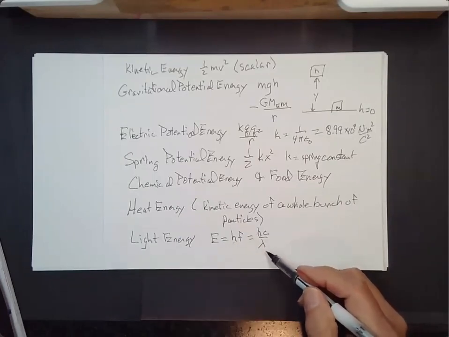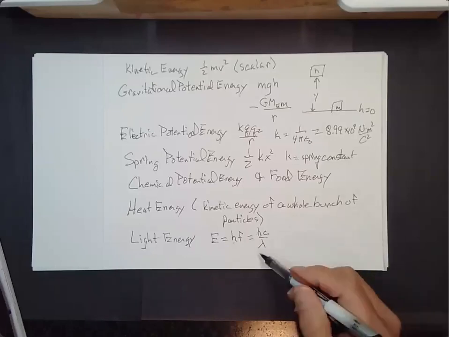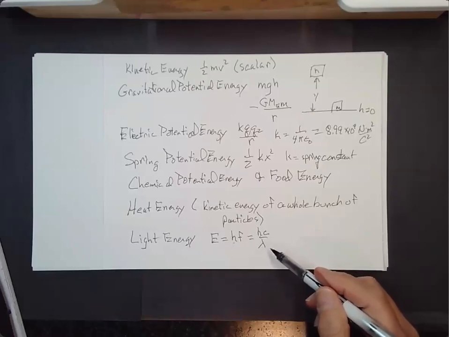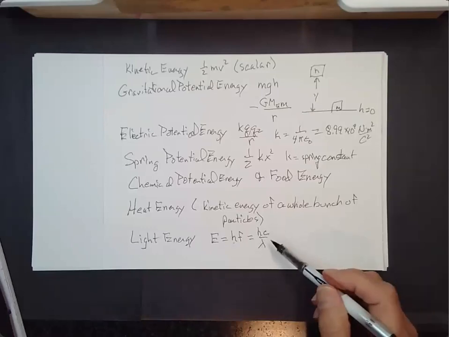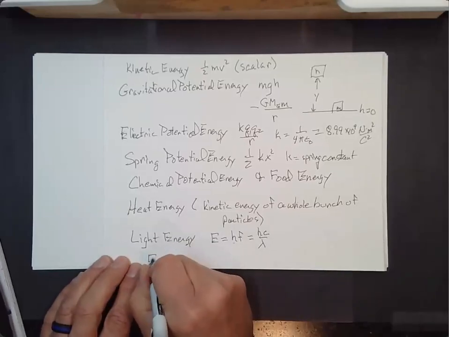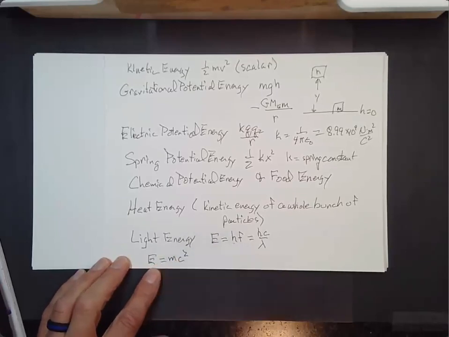And you won't have to worry about that symbol or this equation in the class. We'll deal with wavelengths of light next quarter when we study optics. But anyway, that's light energy. And then there's this one, E equals mc squared.